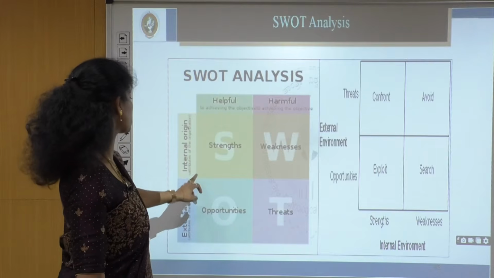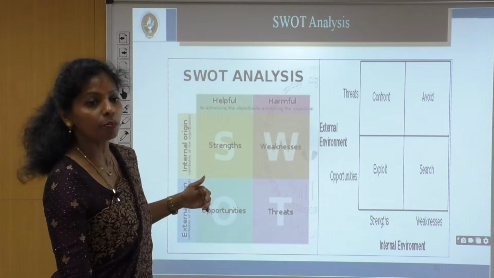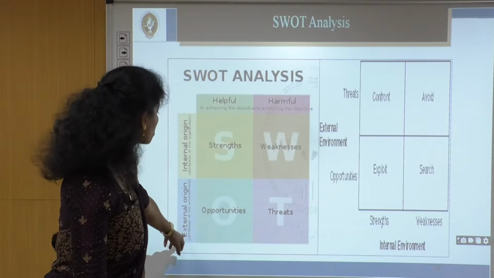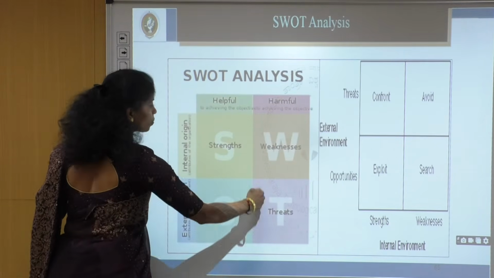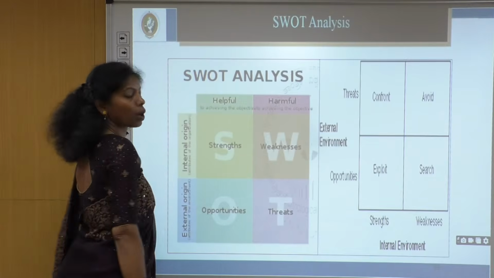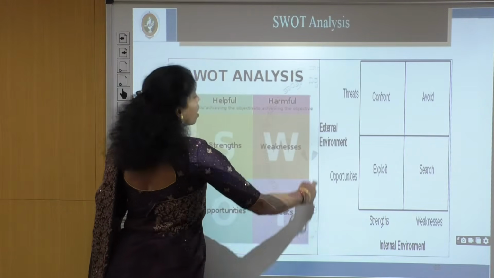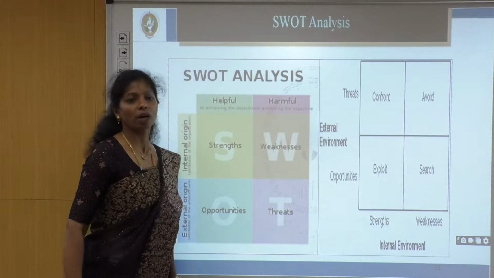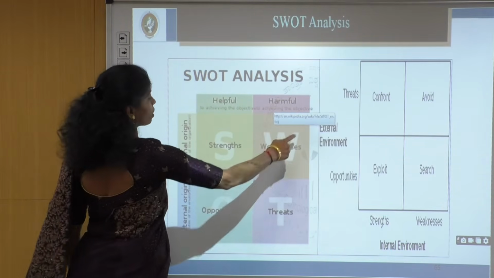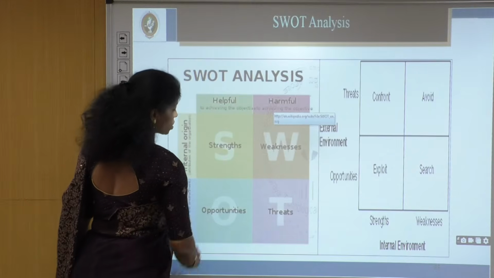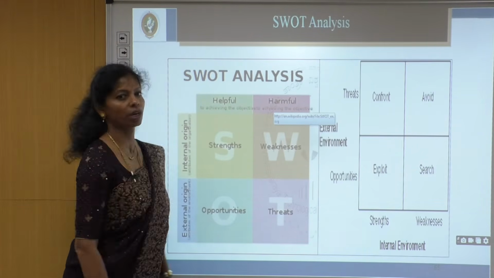Similarly, strength is internal to the company, whereas opportunity is external. Strength and opportunities are helpful for an organization to achieve the organizational objectives, whereas weakness and threats are harmful for achieving the objectives of the company. Strength and weakness are internal to the organization, whereas opportunities and threats are external to the organization.